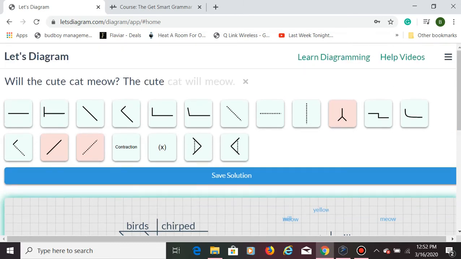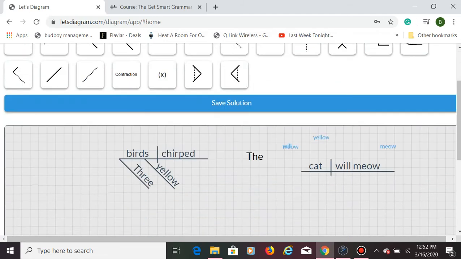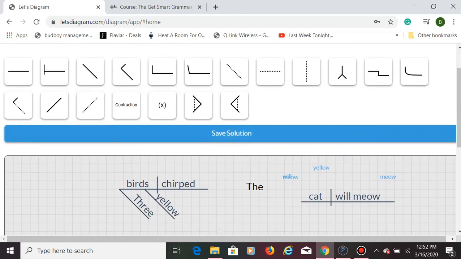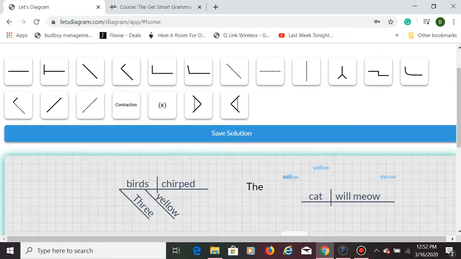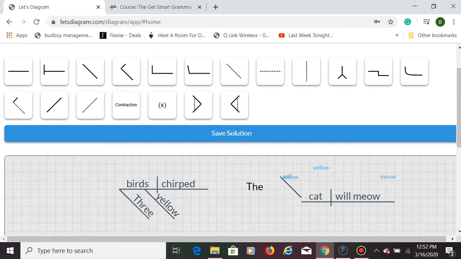Now, what are the adjectives of the sentence? Remember that all articles are always adjectives. So the, a, and an are always adjectives. So the is our adjective for cat. We want our adjective line, and we can put the on that adjective line.